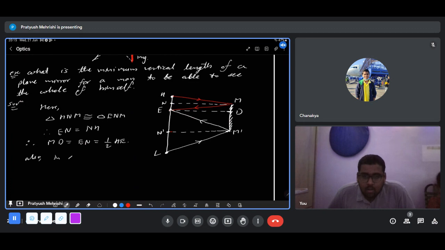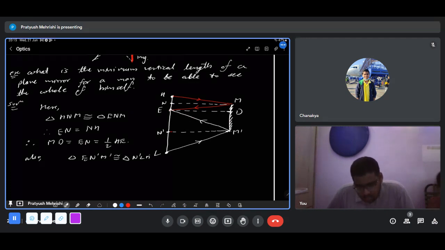Similarly, also in triangle EN'M', triangle EN'M' is congruent to triangle LN'M'.